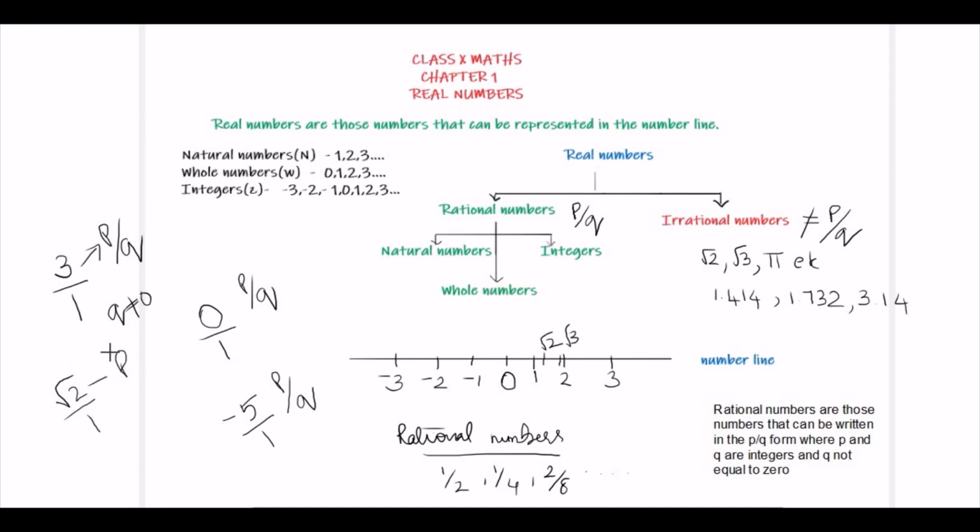That is, P is not among the integers. What we have learned is rational numbers are those numbers that can be written in the P by Q form where P and Q are integers. So here in irrational numbers, P does not come under integers. So you cannot represent irrational numbers in the form P by Q.